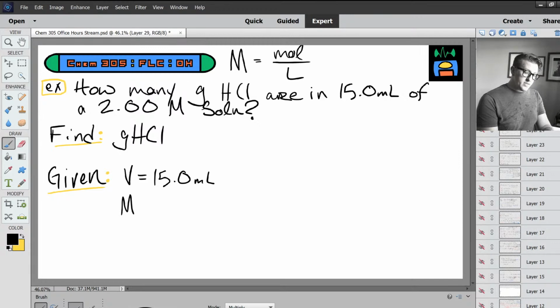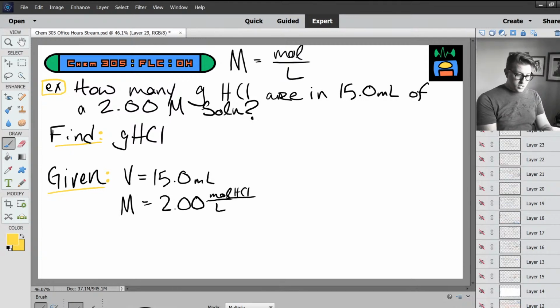We're also given the molarity. Molarity is 2.00 moles per liter, specifically, moles of HCl. Now, anytime you're given a quantity that has an algebraic expression, it's worth your while to write that out under your given information because you will probably need this to solve the problem.